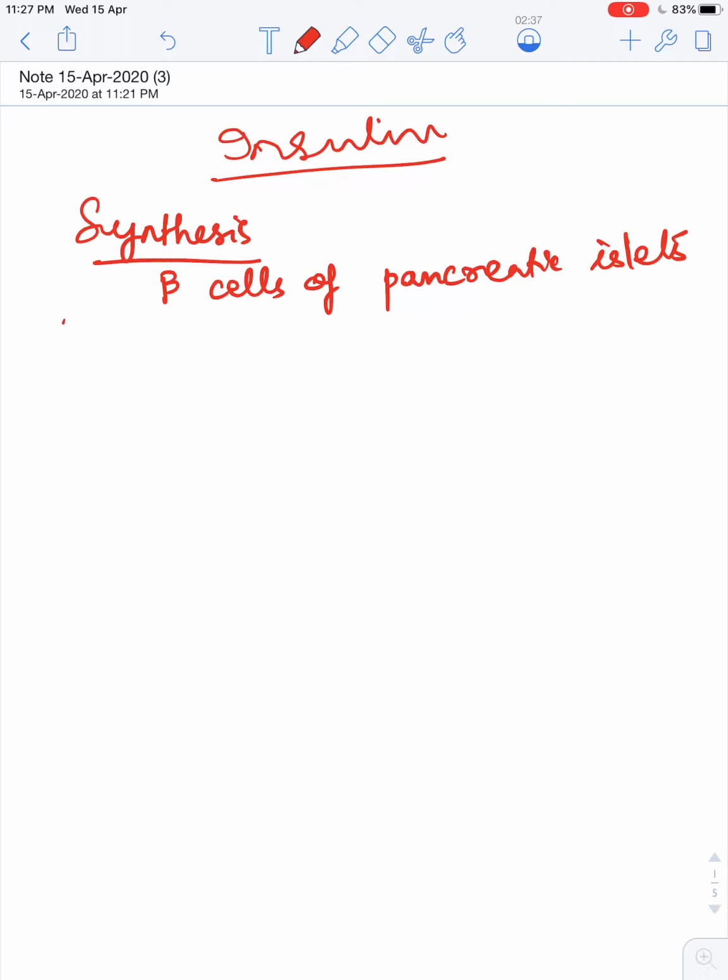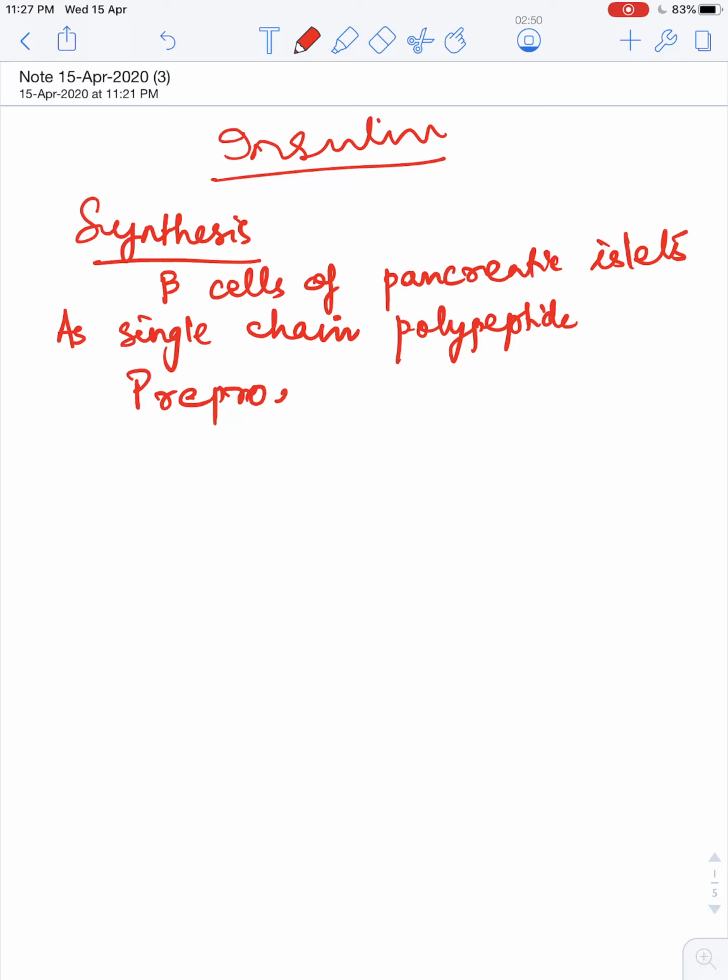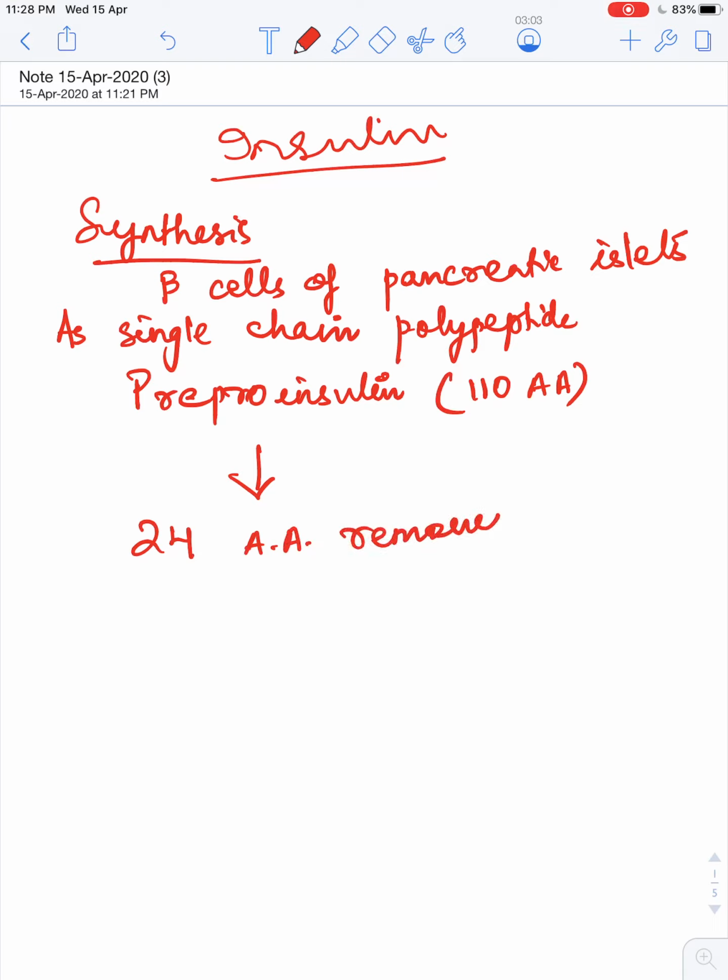And it is synthesized as a single chain polypeptide, that is preproinsulin, which contains 110 amino acids. Now from this 24 amino acids are removed. Then the proinsulin is formed.